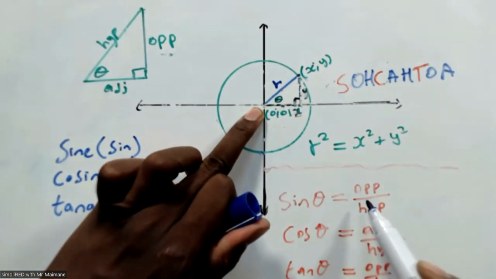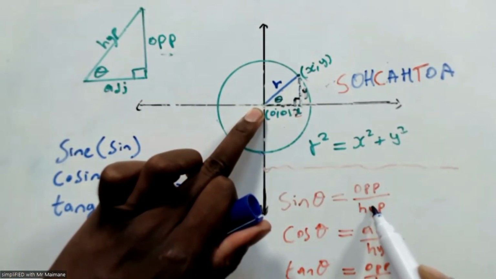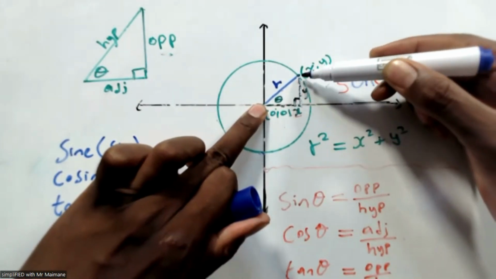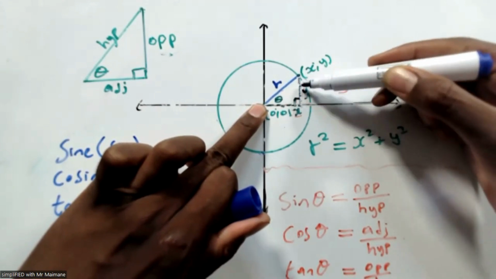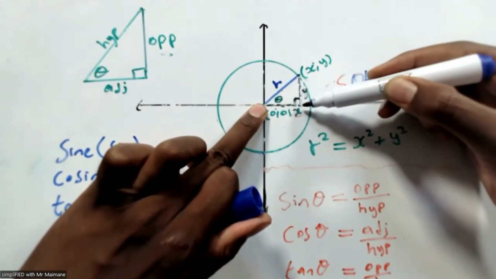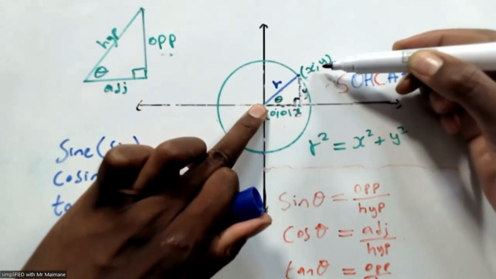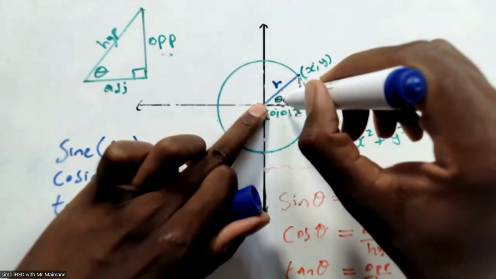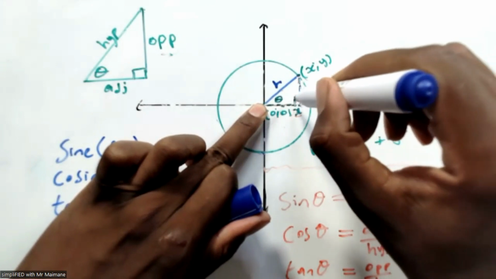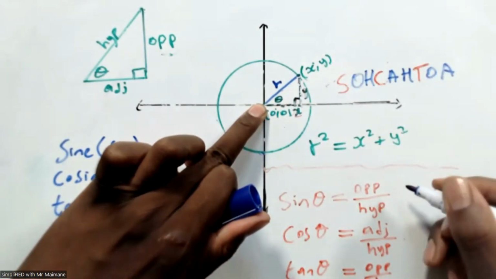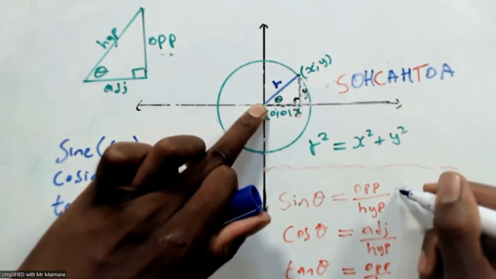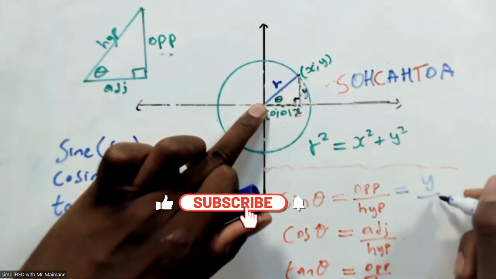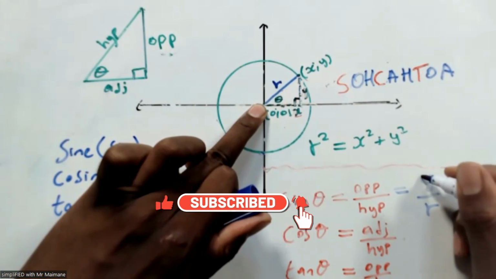If I say sin theta is equal to opposite over hypotenuse, knowing that the angle theta is here, do you understand when I say this is my y intercept for this point, and this is the x part? So sine theta will be equal to opposite over hypotenuse. Do you get it, Mr. Man?